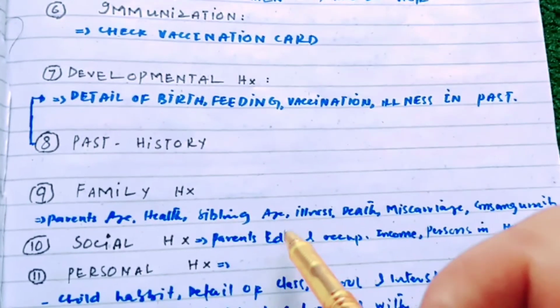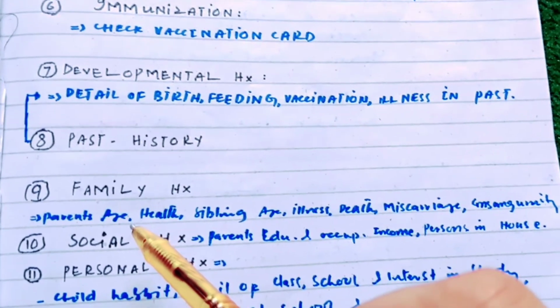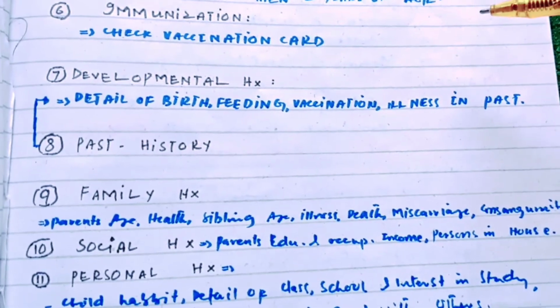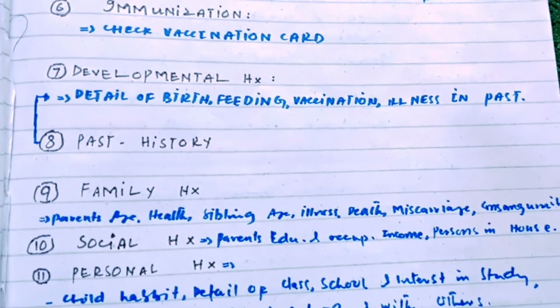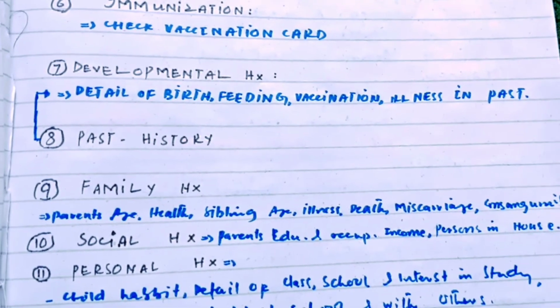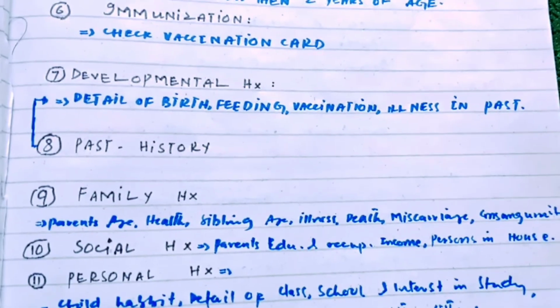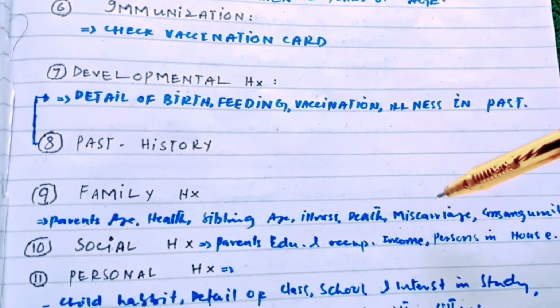In family history, ask about the parents' health, his or her siblings, and the siblings' age and sex. Is there any death among the siblings of the child? If so, ask about the cause of death, and any miscarriage.